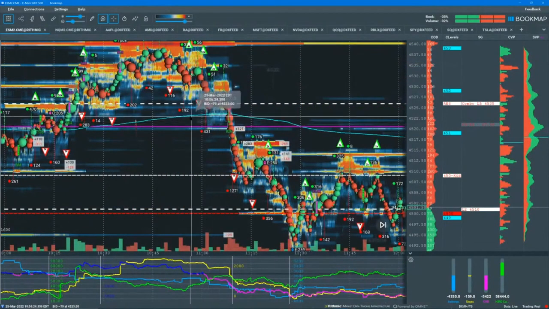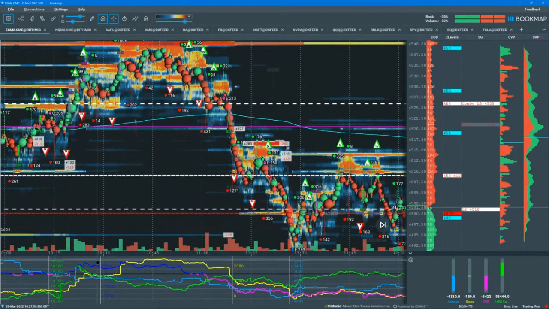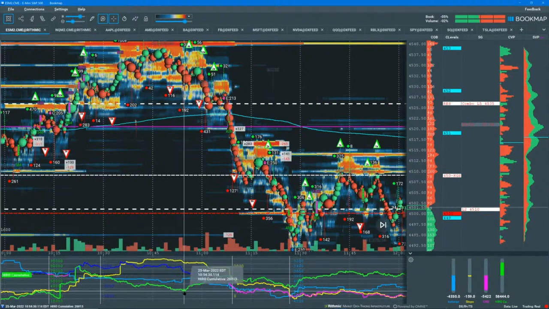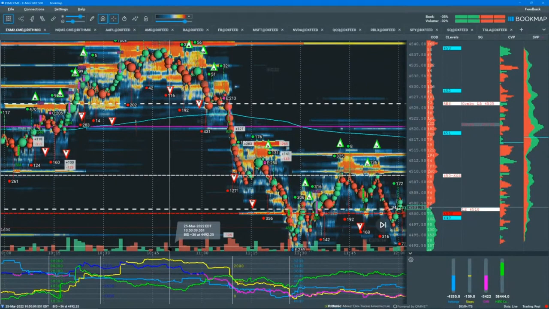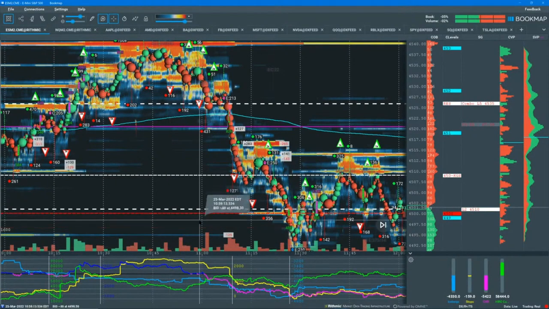I actually saw this in SpotGamma Hero first, but it shows up in Bookmap Hero as well. So you can see the green line sloping down, showing that market makers were selling ES futures to hedge bearish option trades in SPY. We'll look at that in SpotGamma Hero in just a minute.